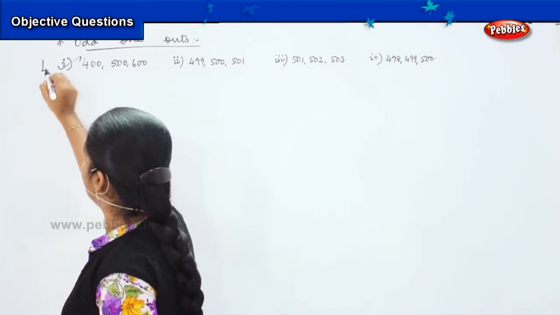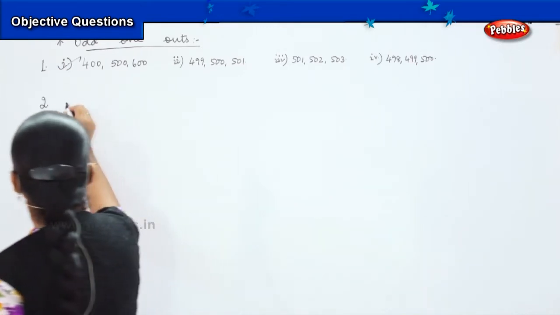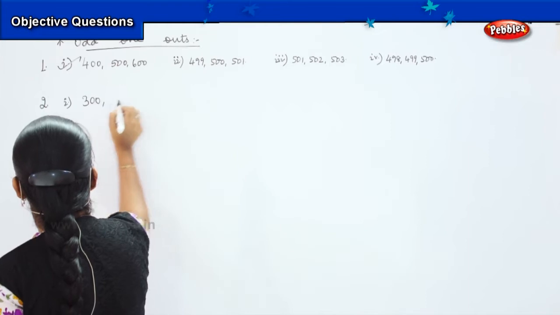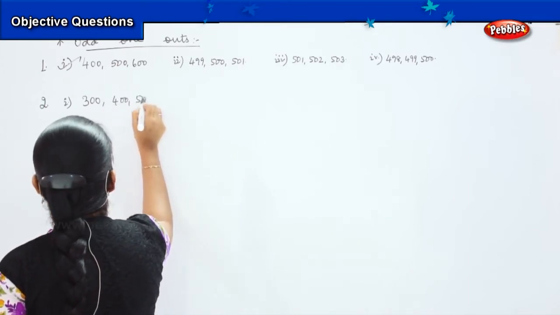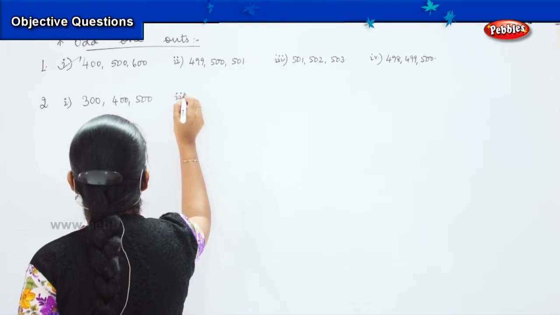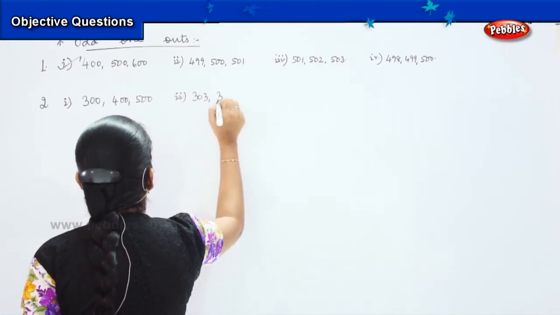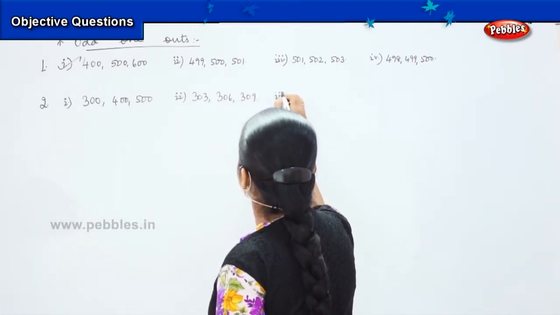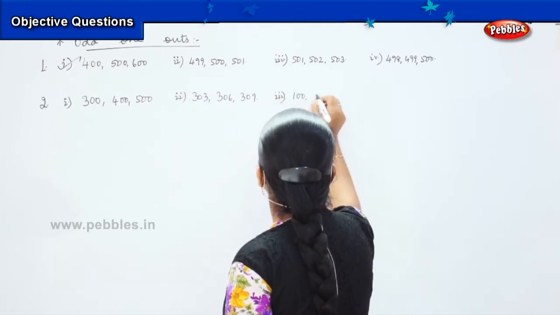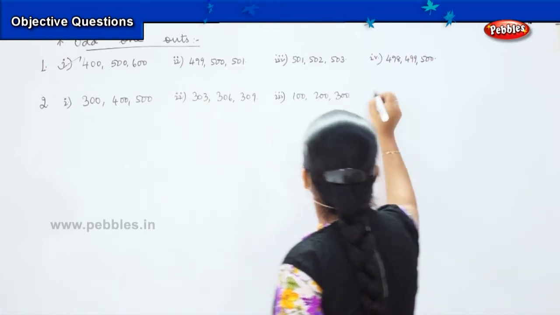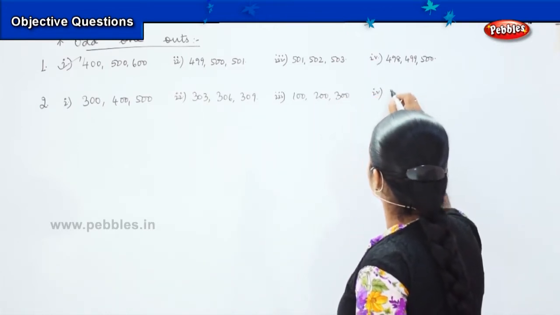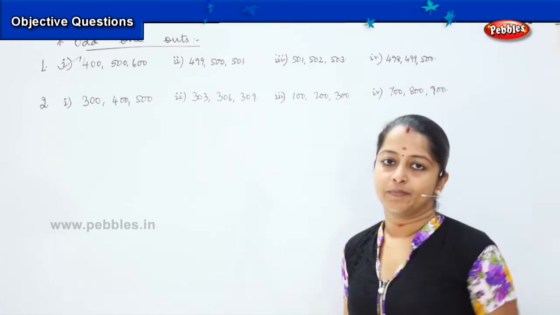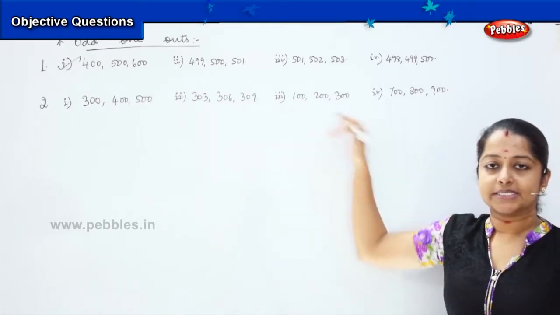Okay. So my next question is, okay, so now tell me which is the odd one out in this given set.